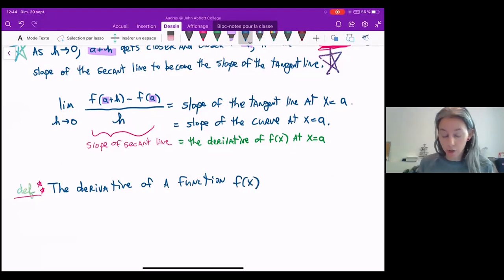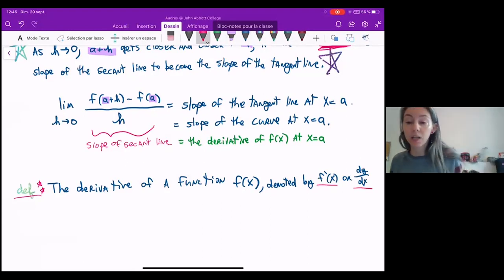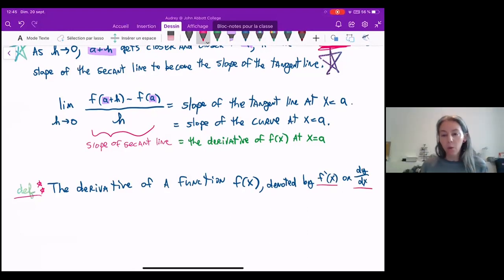First of all, we need to talk notation. The derivative is denoted by f prime of x or dy dx. So we have two different notations for the derivative that can be used interchangeably. The second one, dy dx, really stresses the fact that this is a slope. That's like change in y over change in x.